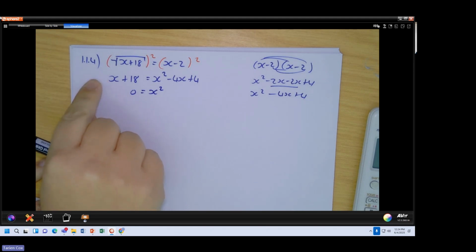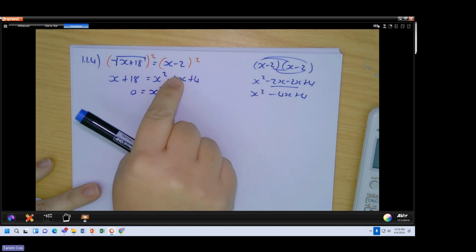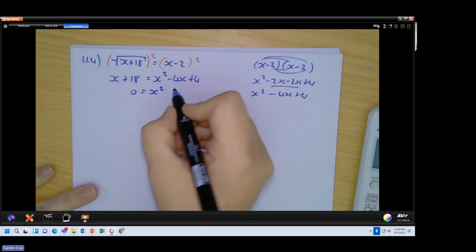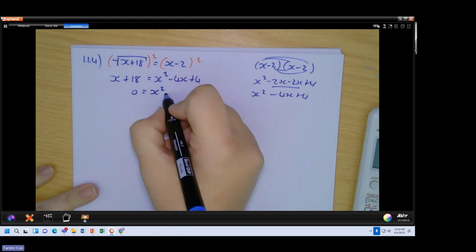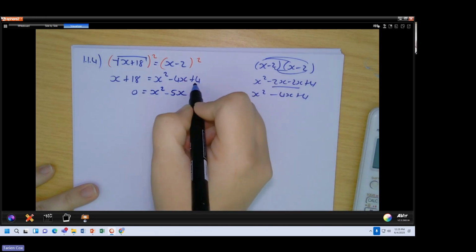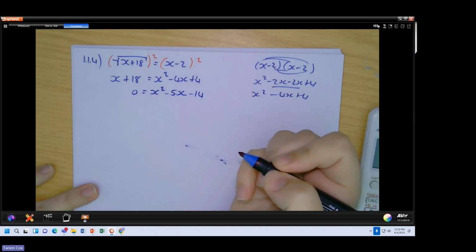If I do it on the left-hand side, I must also do it on the right-hand side. Or in plain Jane, you will just say you're taking it to the other side. But we know that's not mathematically correct. So once this goes over, it becomes -x, which gives me -5x now. And then I also had 4 minus 18, which gives me -14.